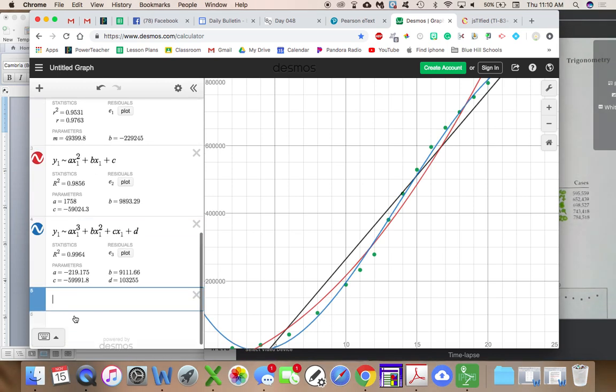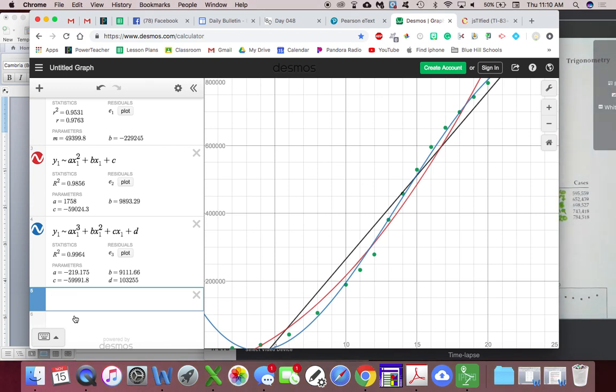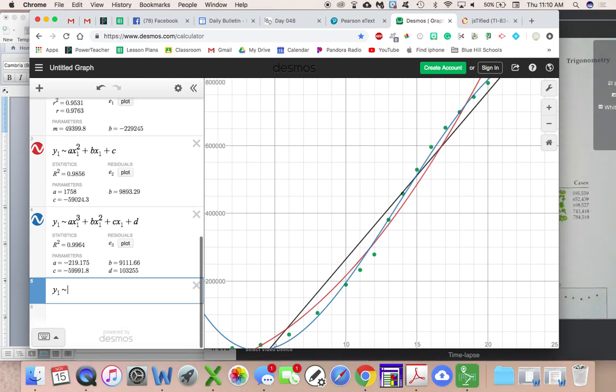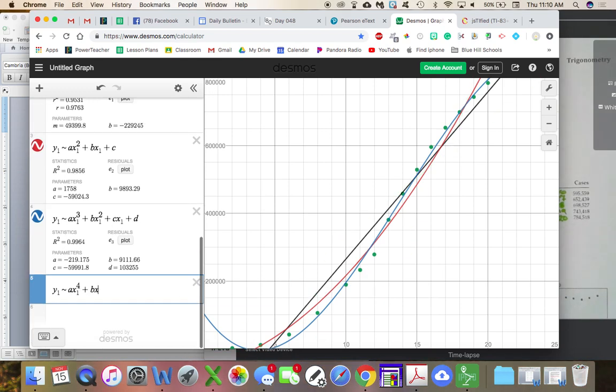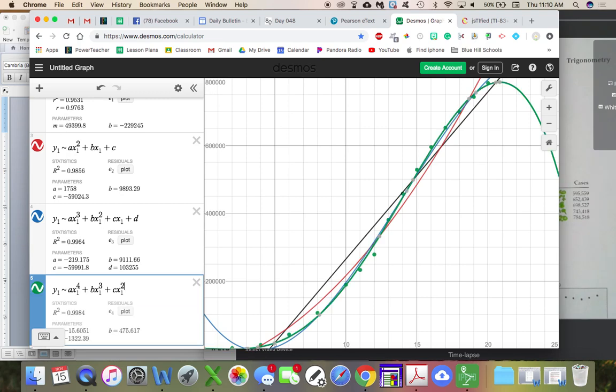Let's see if a quartic is better. It wants me to do a quadratic, a cubic, and a quartic. Let's see if quartic is better. y1 approximately ax1 to the fourth plus bx1 to the third plus cx1 to the second plus dx1 plus e.